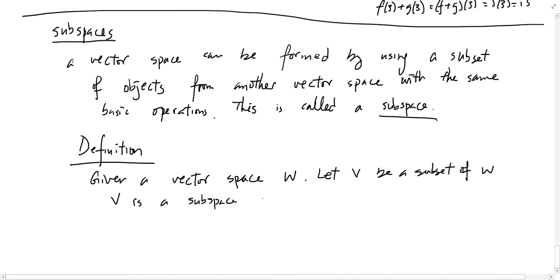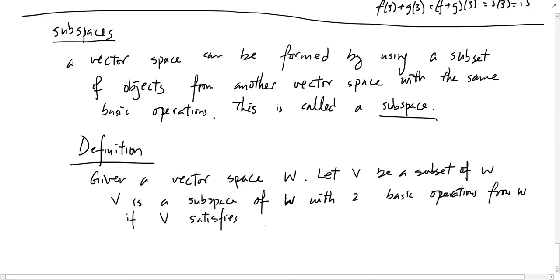We just call it a subspace, with the understanding that a subspace basically means a vector space within another vector space. So V is a subspace of W with the same basic operations from W if V satisfies the following 3 properties.